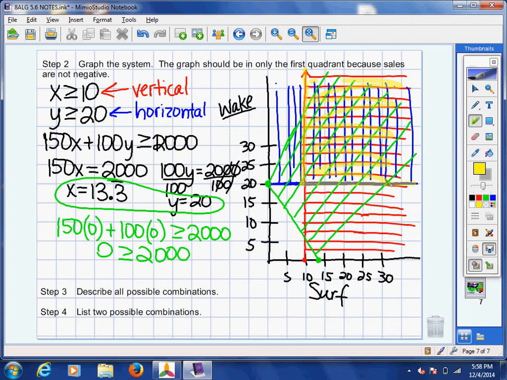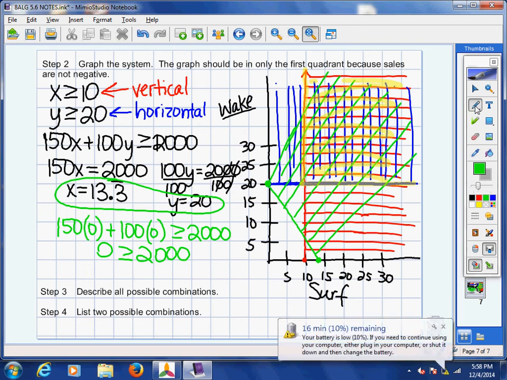Now we have to describe all the possible combinations. The way that you can say that is wherever all three lines intersect, those points are the numbers of surfboards and wakeboards that will help the surf shop make more than 2,000, okay?